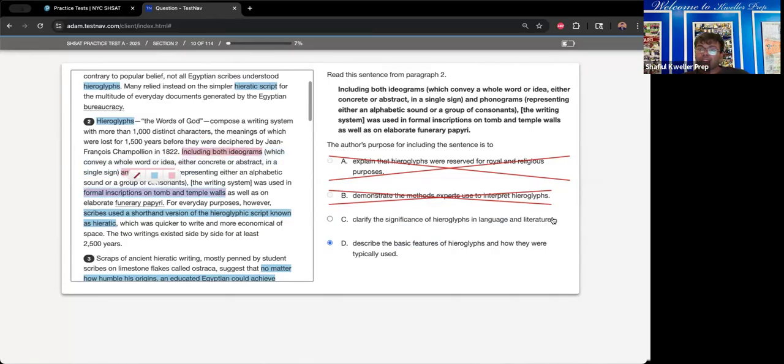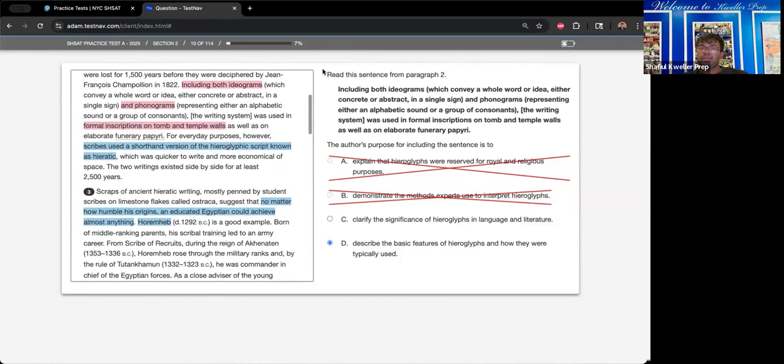Additionally, why C could be wrong is because it says right here literature. I don't see anything here that talks about literature, like actual books that it was used in. It's not really talked about here how hieroglyphs were used in literature. Even if it's used in formal inscriptions, it's not literature. Literature is like books.